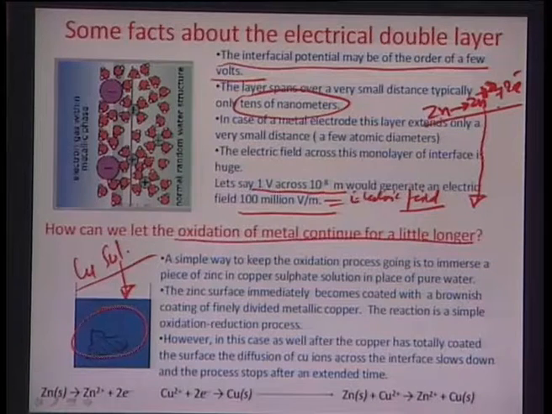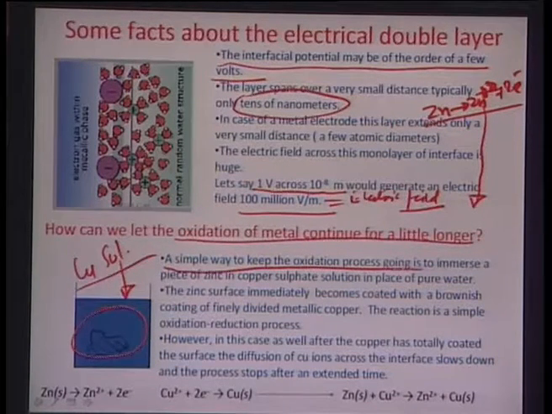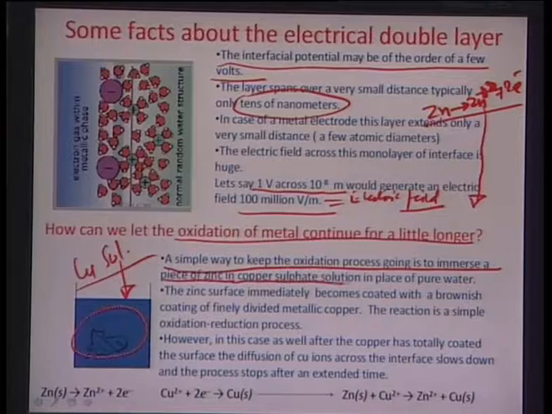So, a simple way to keep the oxidation process going is to immerse the piece of zinc, rather than in water, in a solution of copper sulphate. Copper is also an electrically active material, and there is a tendency of zinc to displace copper from its solution.